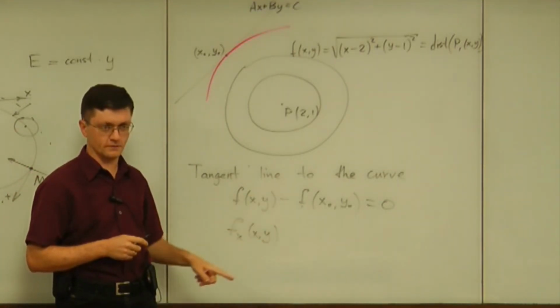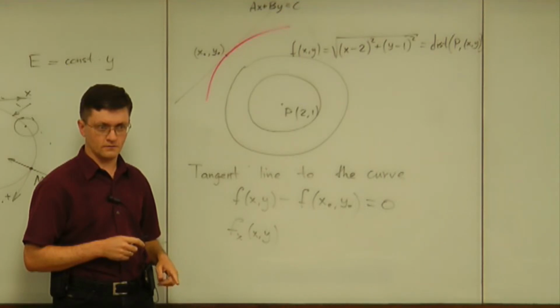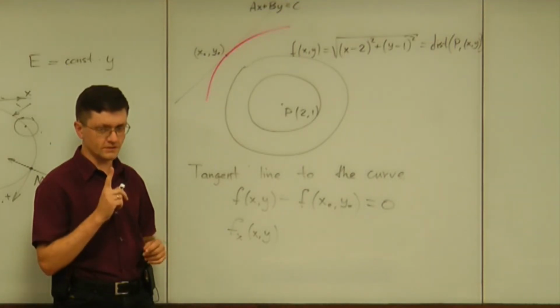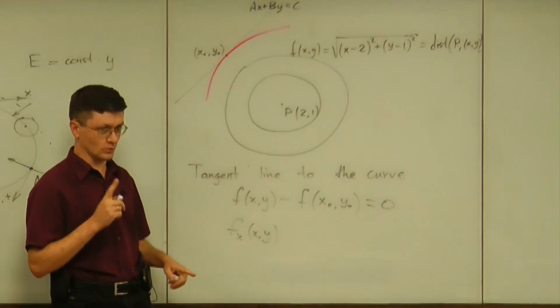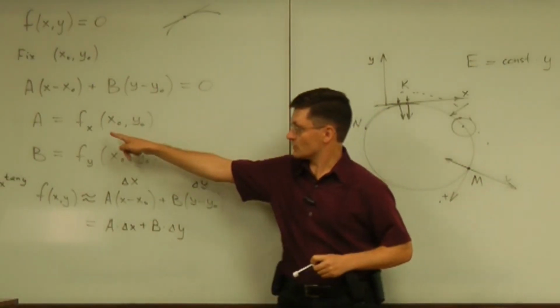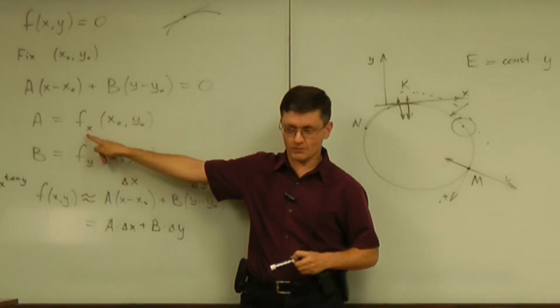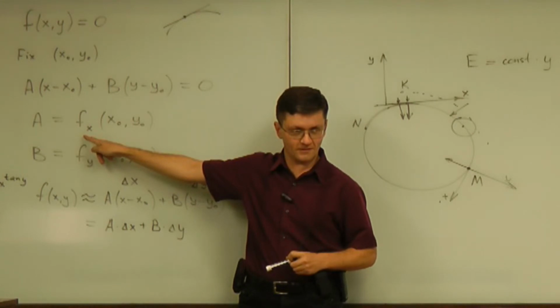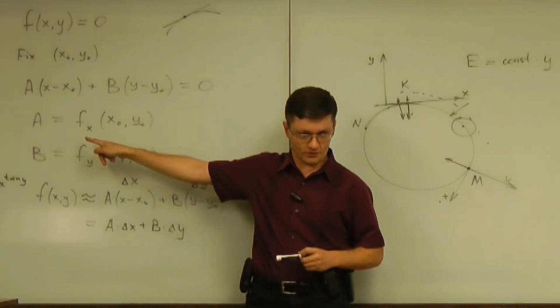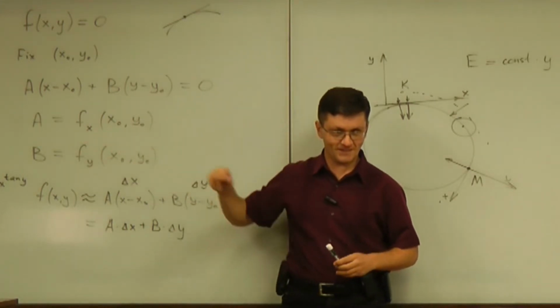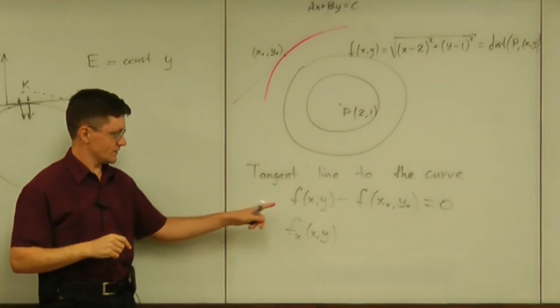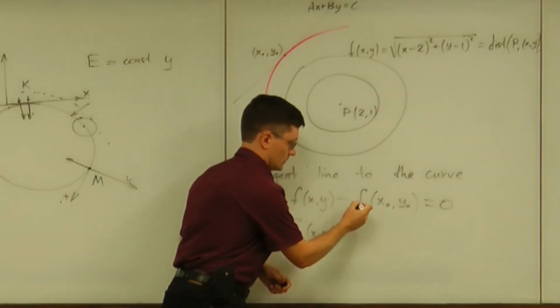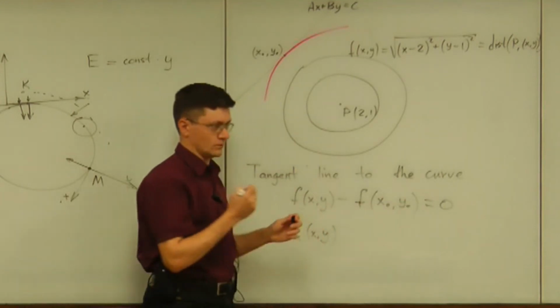What's the partial of that? fx, not x naught, not 1. No, I asked for partial with respect to x. As you see, this is what we are doing. Partial with respect to x, not partial with respect to x naught. Right? So x. What is the partial of this with respect to x?